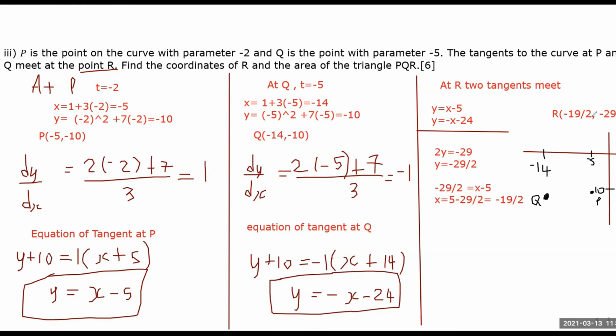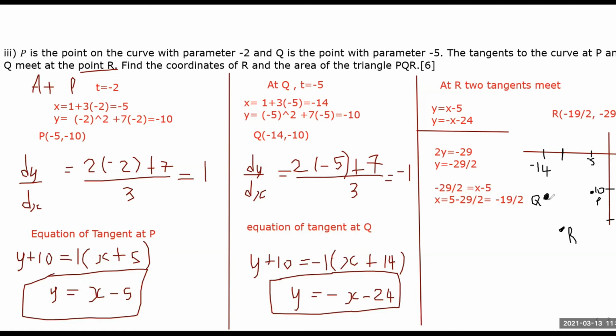R is -19/2, -29/2. -19/2 is -9.5, so that's somewhere right here. And then -29/2, that's close to -15, so that is somewhere down here. So this is your point R.